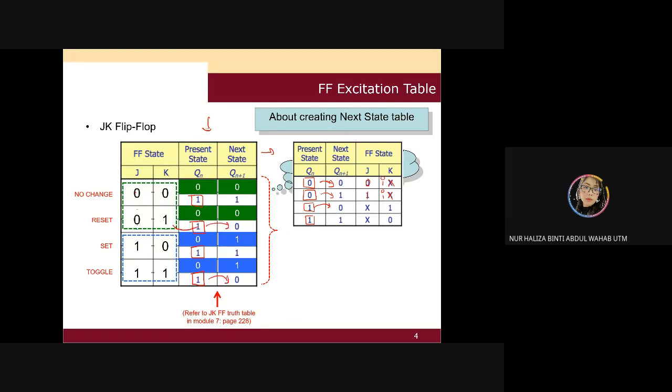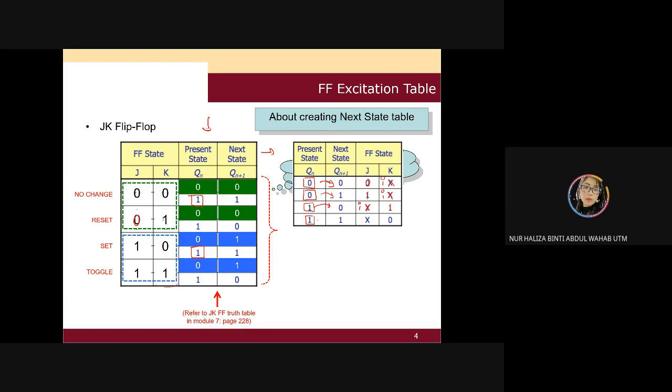So check your condition of your input. Your J is 0. Your J is 1. So because both, you're going to have X. How about your K? K is 1 and K is 1. So it will be 1 here. So done at this part.